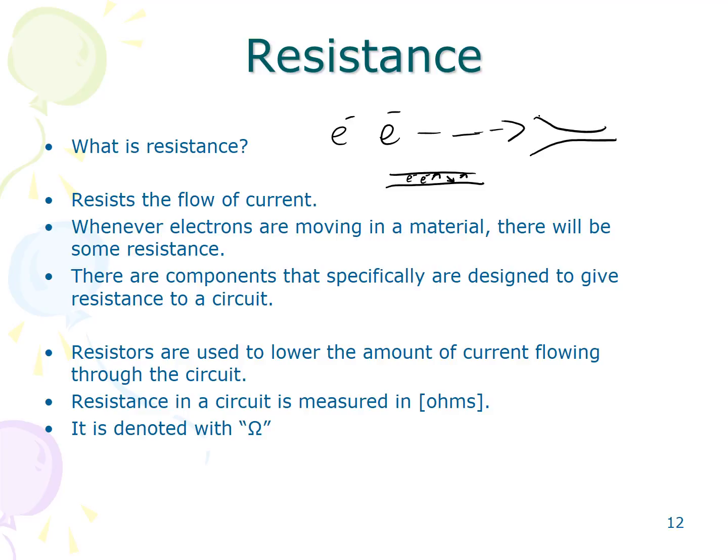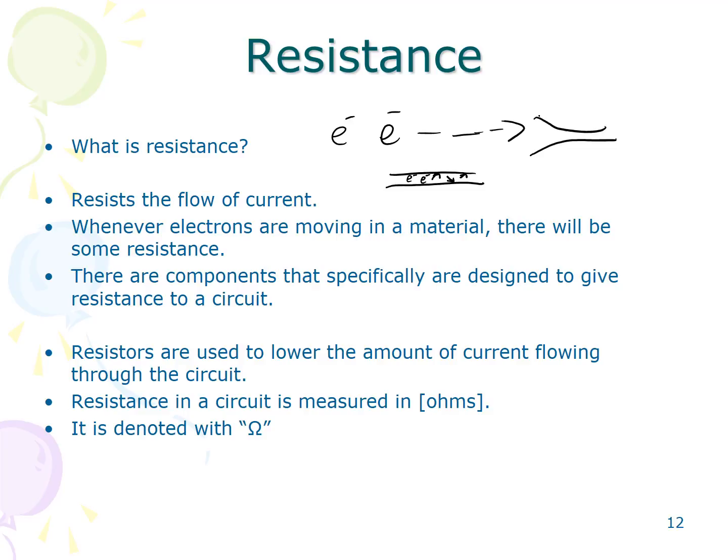But for our purposes, there are components that are specifically designed to give resistance. And you might be thinking, why would you want to do that? Why would you want to resist the flow of current? I think more power is better.